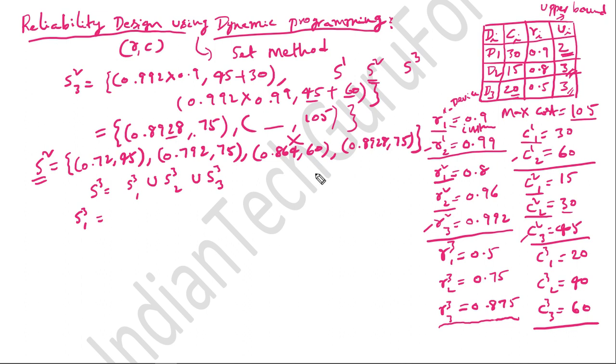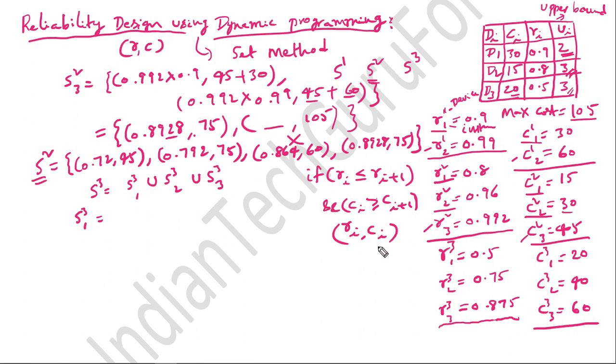It simply says that if the Ri value is less than or equal to the Ri plus 1 value and the Ci value is greater than or equal to the Ci plus 1 value, then we can remove the tuple Ri comma Ci. So now it is following the rule. 0.792 is less than or equal to 0.864 and 75 is greater than or equal to 60.